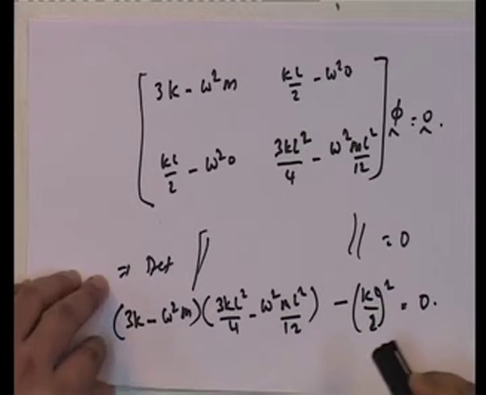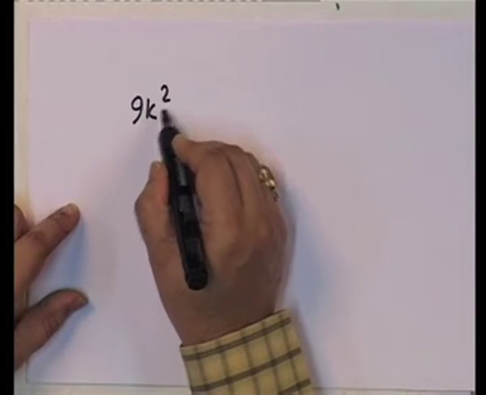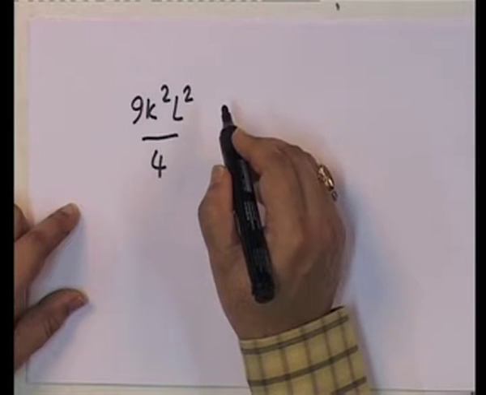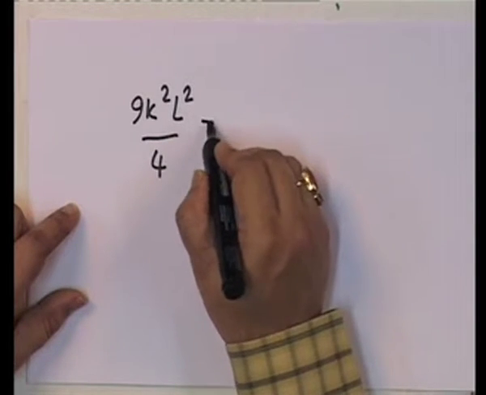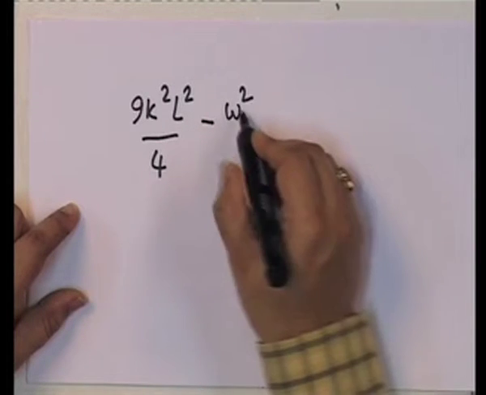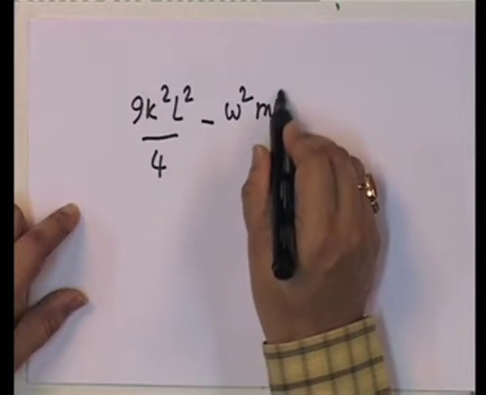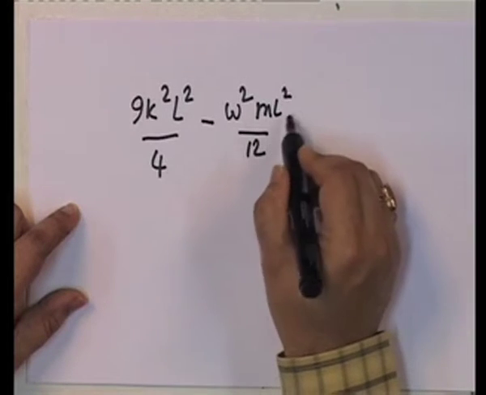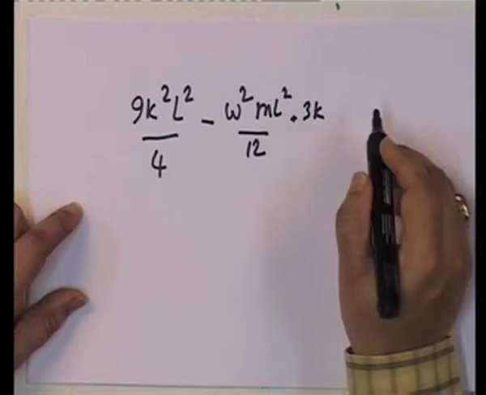Now let me expand this. If I expand this, what do I get? I get 9k squared L squared upon 4, minus omega squared mL squared upon 12 into 3k.